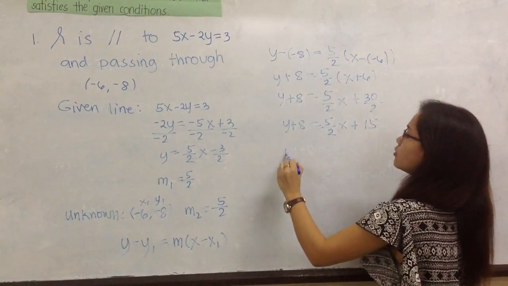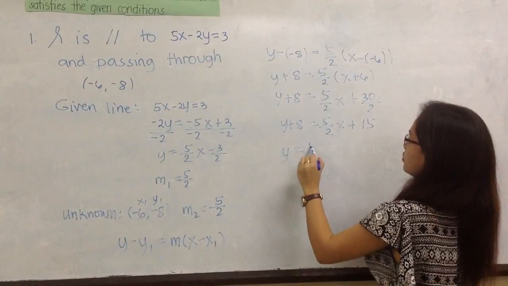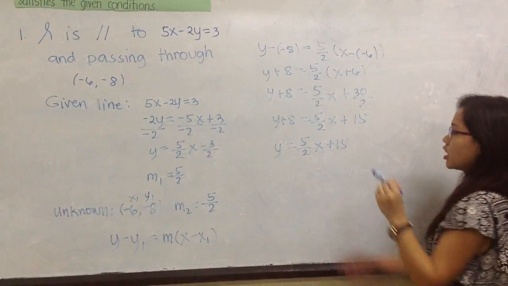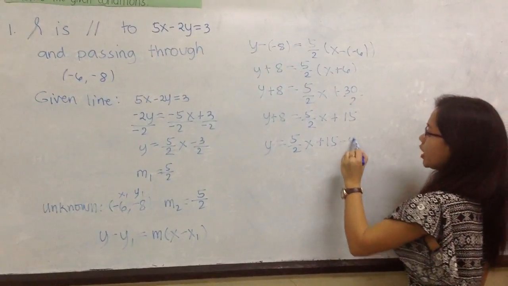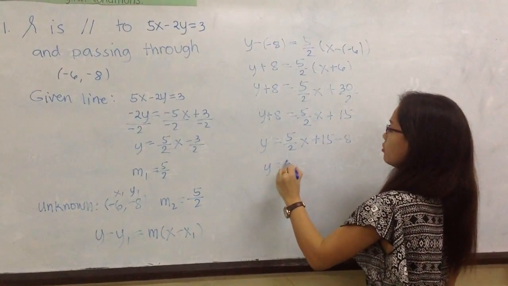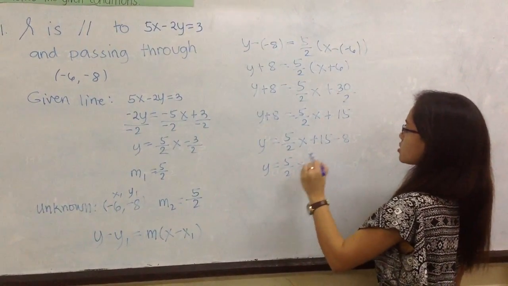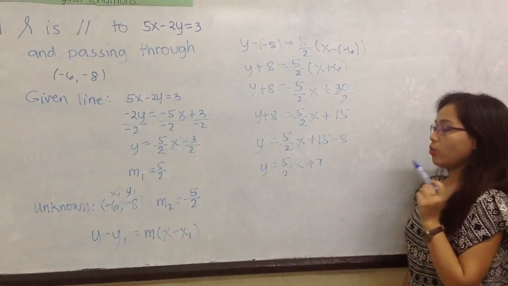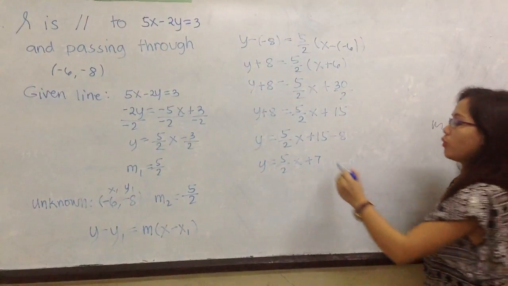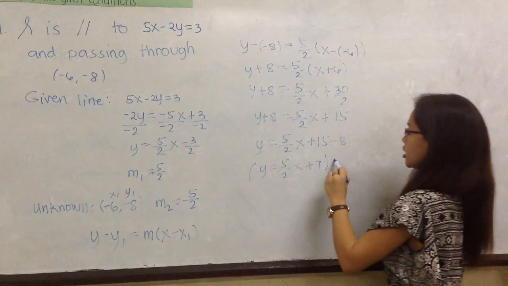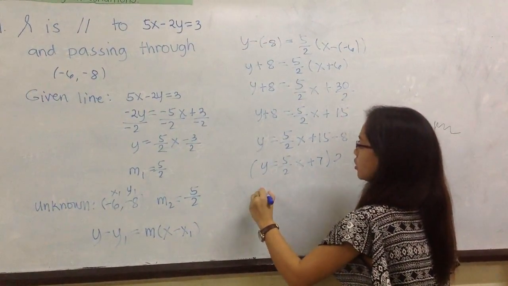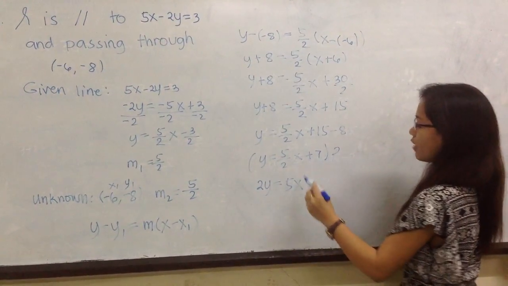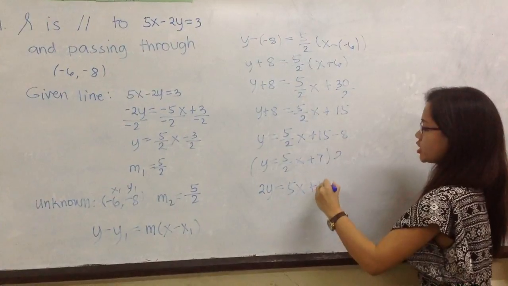And now, let's simplify further again. Plus 15, transpose 8, it becomes negative 8, so y equals 5 halves x plus 7. And now, let's multiply this whole equation by 2 so that there are no fractions. So it will become 2y equals 5x plus 14.